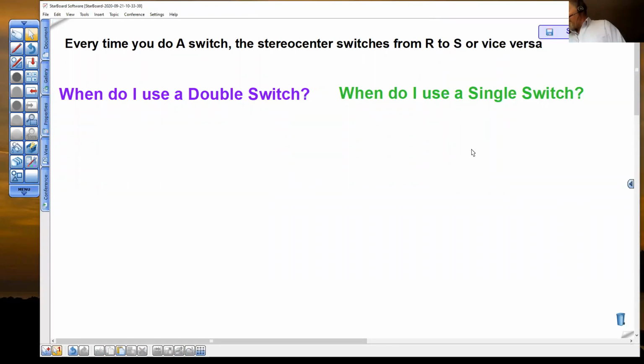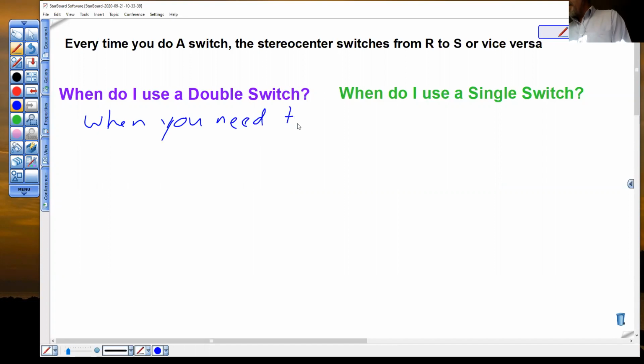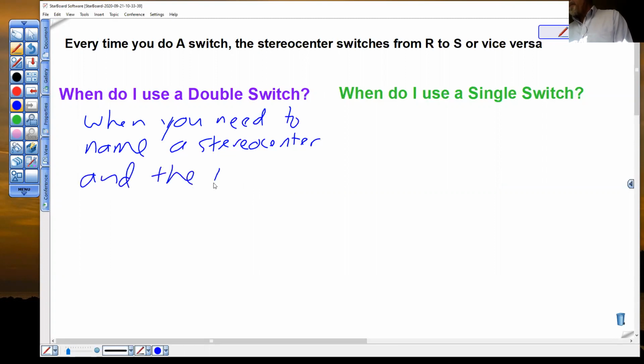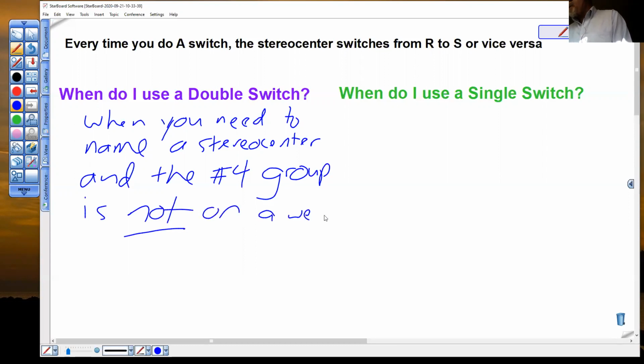You do a double switch when you need to name a stereo center, and the number 4 group is not on a wedge.